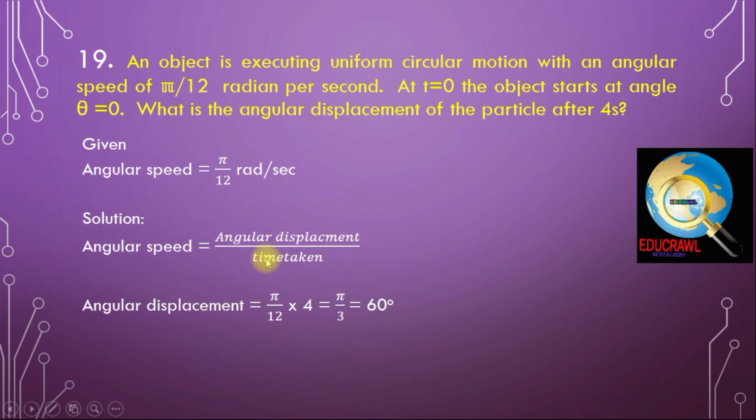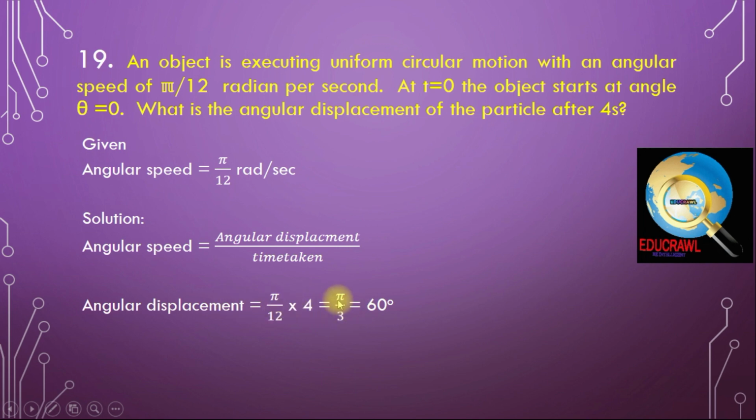So reverse this formula. Angular displacement is equal to angular speed into time. Angular speed is given in the data as pi by 12. Time taken is asked in the question as after 4 seconds. So the time is 4. So pi by 12 into 4, 4 and 12 will get cancelled and you will get 3. So numerator you have got pi.